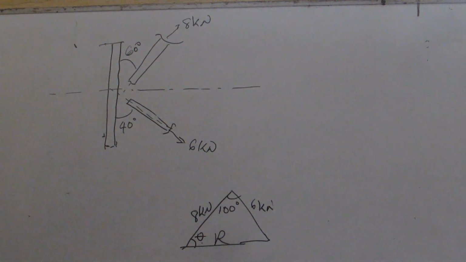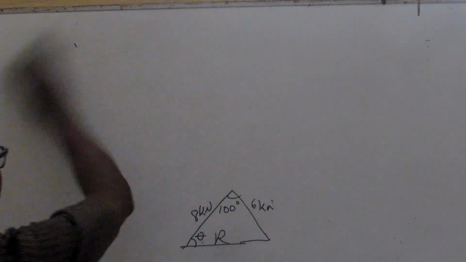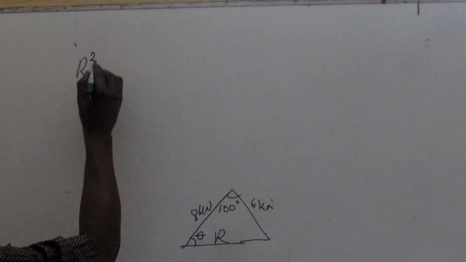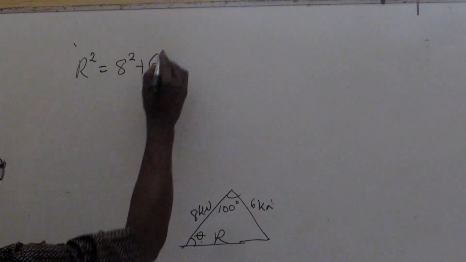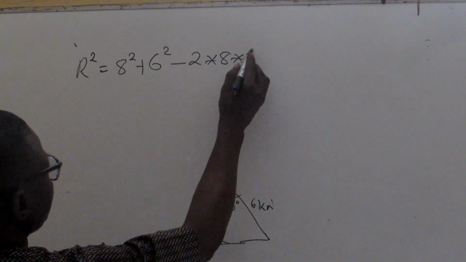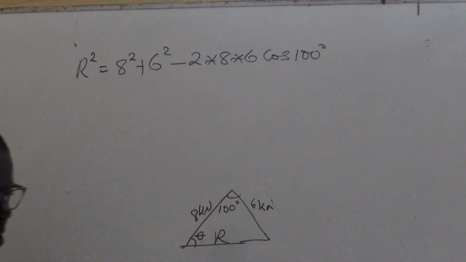We know that r squared is equal to 8 squared plus 6 squared minus 2 times 8 times 6 cos 100 degrees.